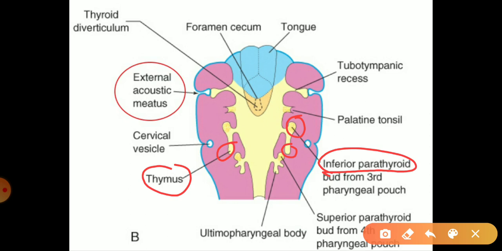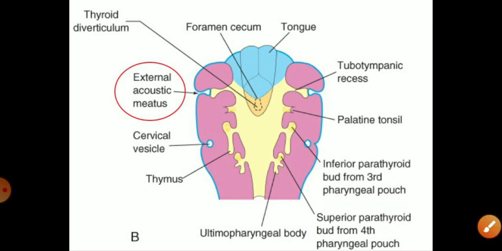And what about the fourth pharyngeal pouch? It gives the superior parathyroid gland. We have 2 pairs of parathyroid glands: 2 from the third pharyngeal pouch and 2 from the fourth. Our main focus will be on the third pharyngeal pouch.